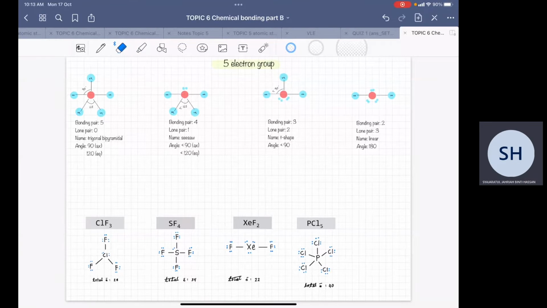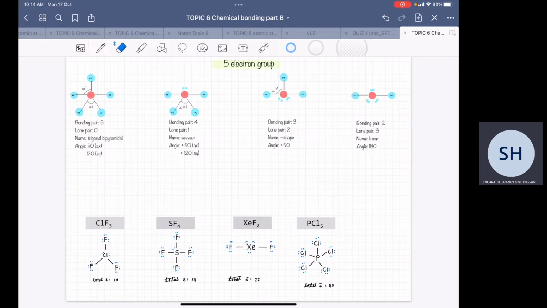Continue our lesson on 5 electron groups of VSEPR. Okay, so I believe after we discussed 2 electron groups, 3 electron groups, and 4 electron groups, now you start getting the hang of it.